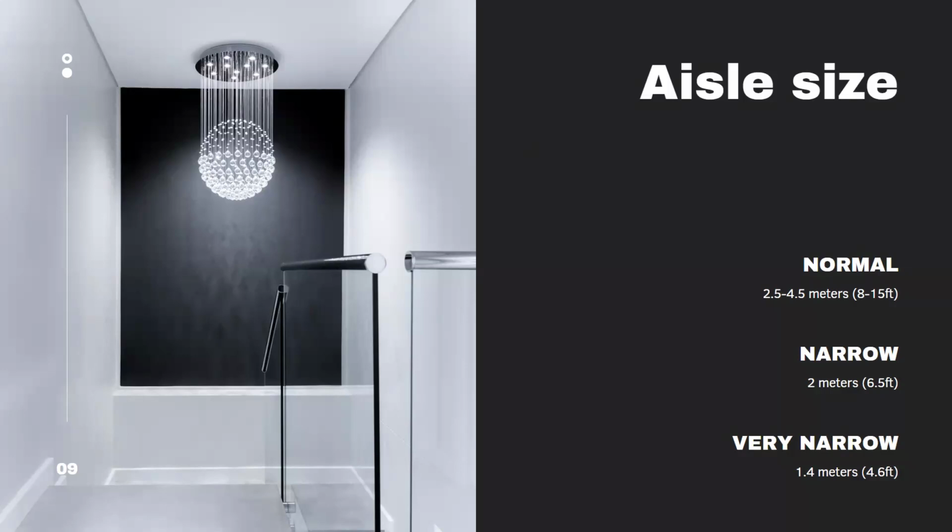The thing is, the size of the aisles here is related to the use of different types of equipment. Okay, so the bigger the equipment, the bigger the aisles we need to maneuver them.